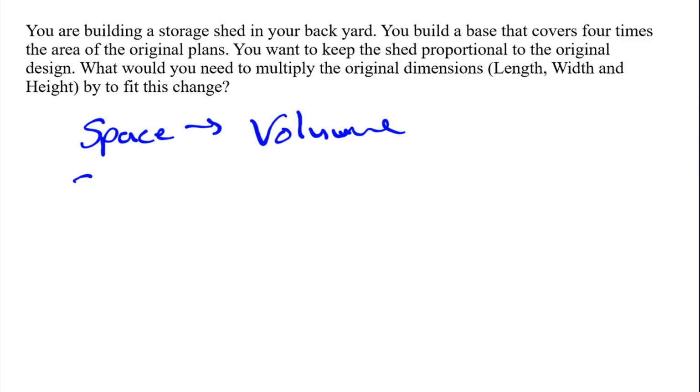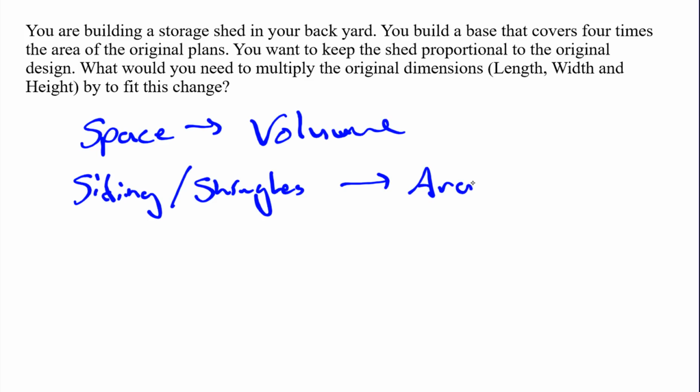If you're talking about siding, or shingles, or other material that are covering surfaces, those are area measurements. And if they're talking about dimensions, like this one is, length, width, and height, that is a length ratio. Imagine that. It says length right there. So keep that in mind as you're going through these problems.